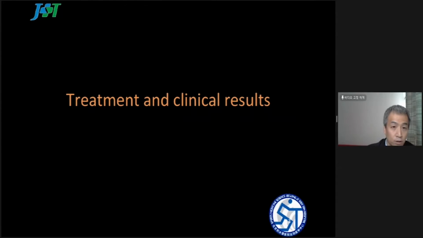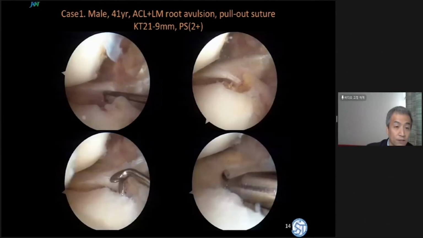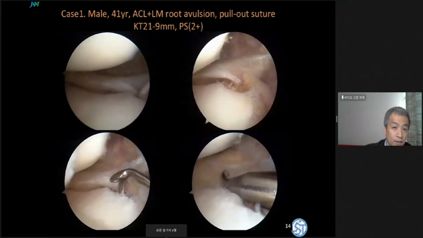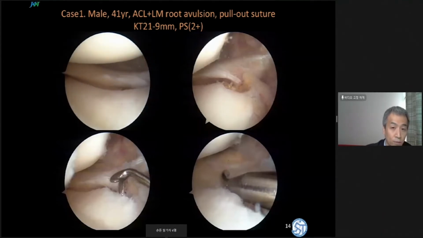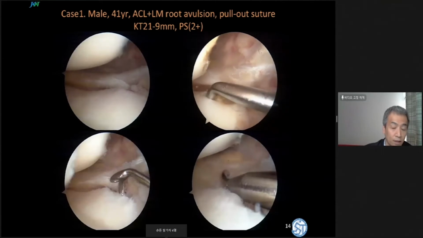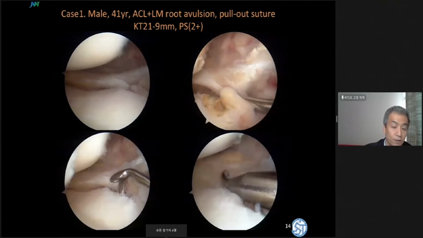And how about the treatment? I will show several cases. This is a 21-year-old male, with ACL rupture combined with lateral meniscus avulsion. It's a chronic patient. The KT1000 is 21 compared to 9 millimeters, and there is a 2 plus pivot shift.